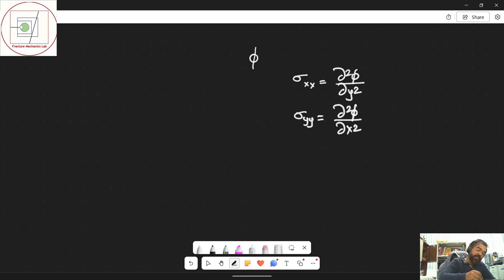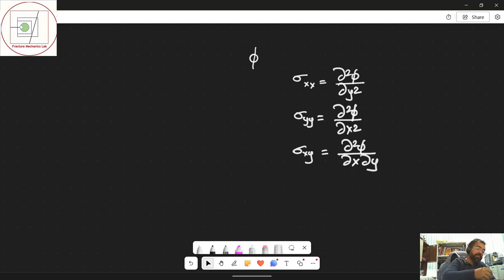If a stress function is described by the symbol phi, and the stresses are described in this format: sigma xx is equal to del 2 phi by del y squared, sigma yy is equal to del 2 phi by del x squared, and sigma xy is equal to minus del 2 phi by del x del y.